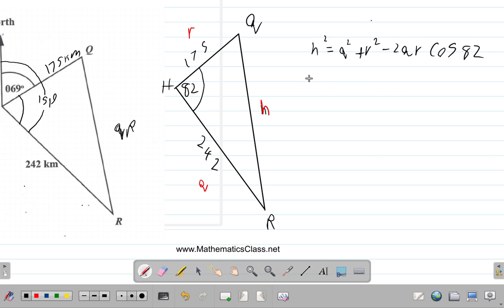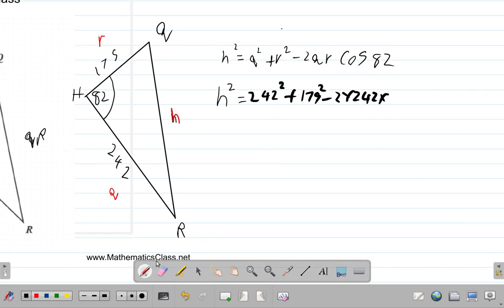So here h squared equals 242 squared plus 175 squared minus 2 times 242 times 175 times cos 82.